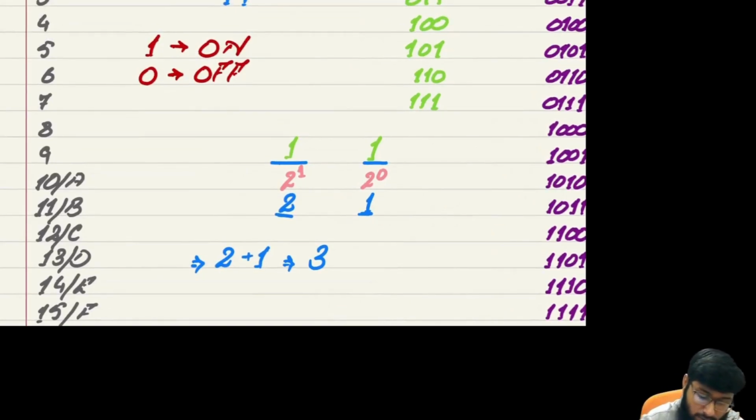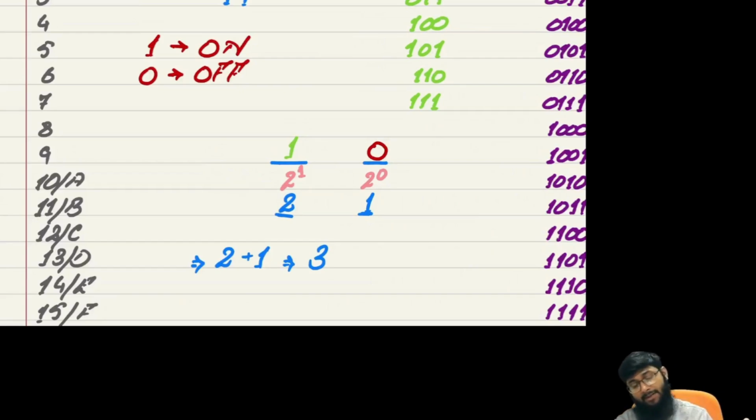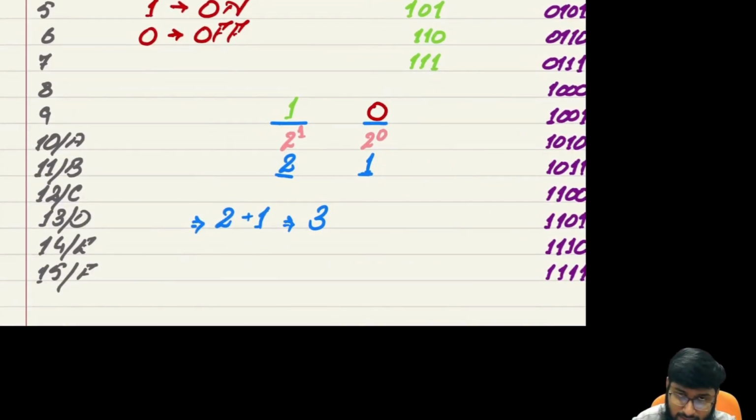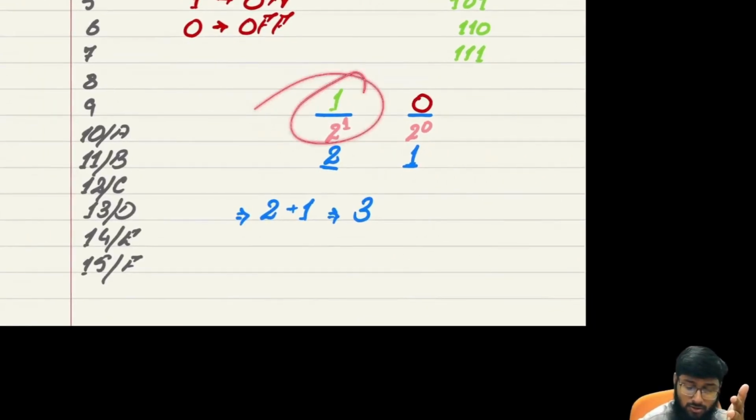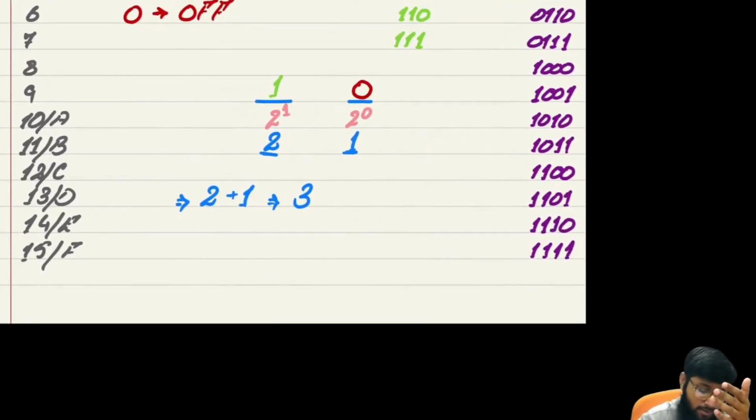Similarly, now I'm putting a 0 at this place. Now one bit is on and the other is off. That means your left side bit is on and your right side bit is off. So which one is considerable? Only the left bit is considerable, because only this one is on. The bit that is considerable is the only one I am going to add.